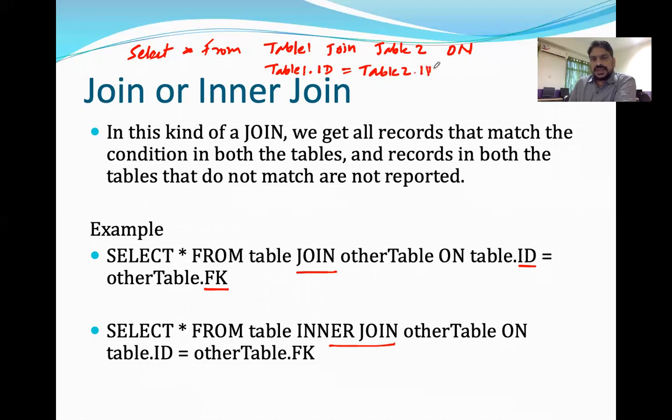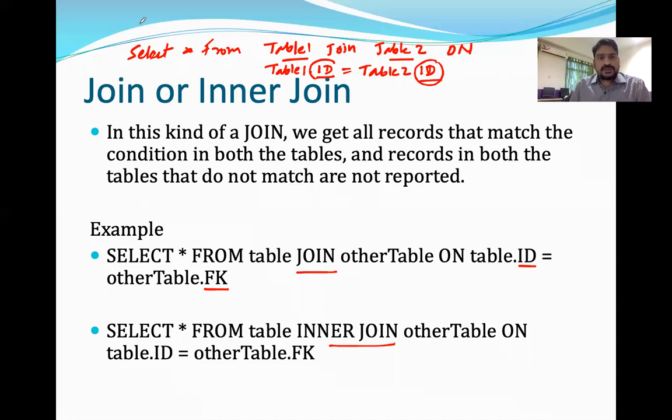What it is telling you is that we have table 1 and table 2, but both are joined with some attribute. It is not necessary that the names be the same here, but it is necessary to be the same if we are doing natural join.